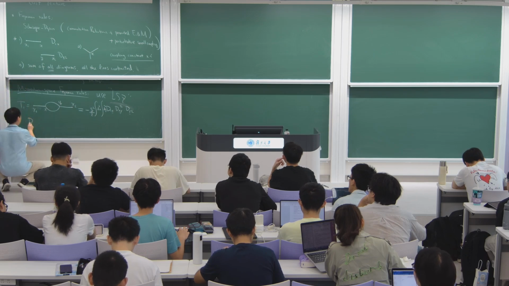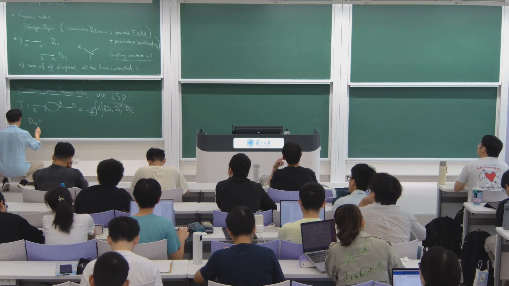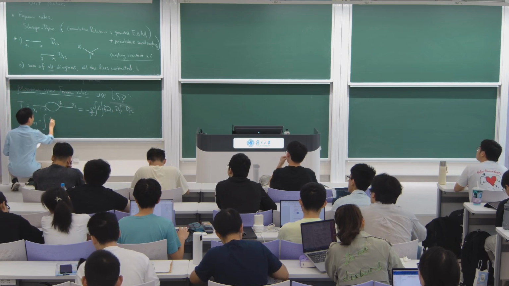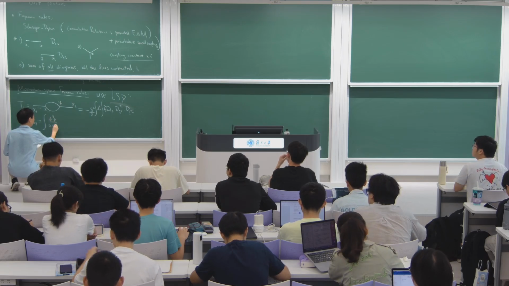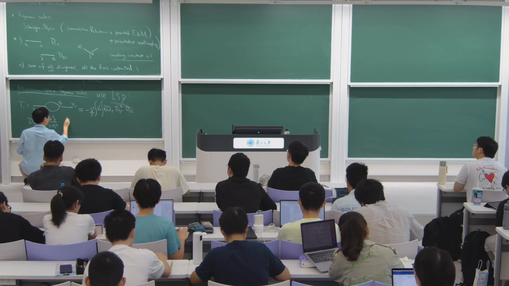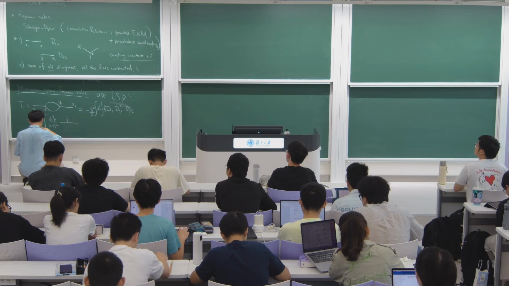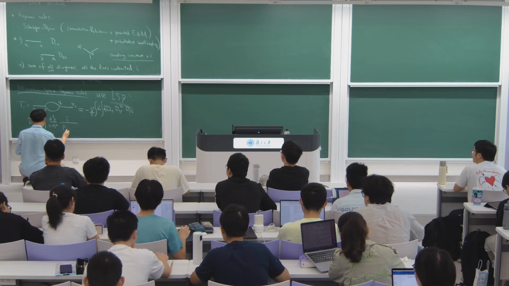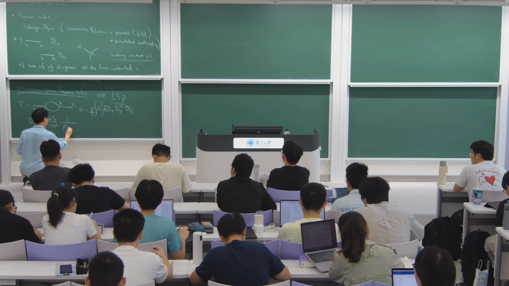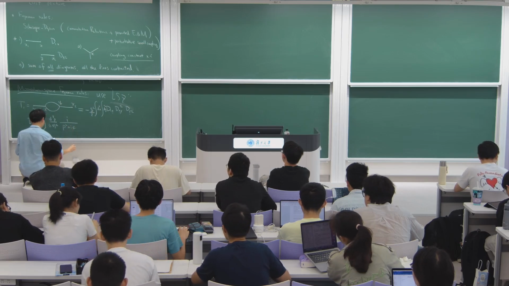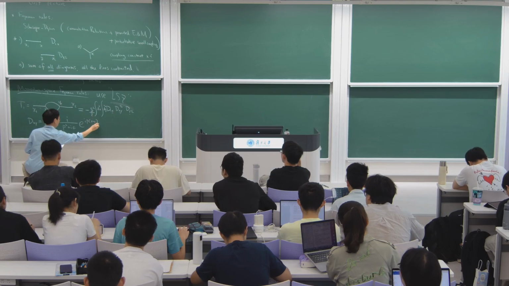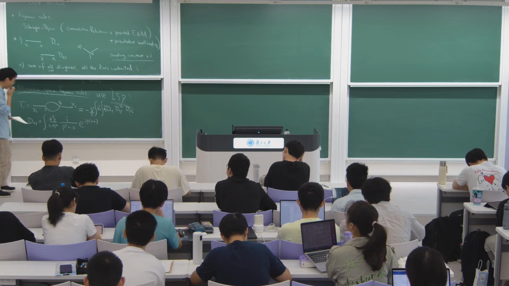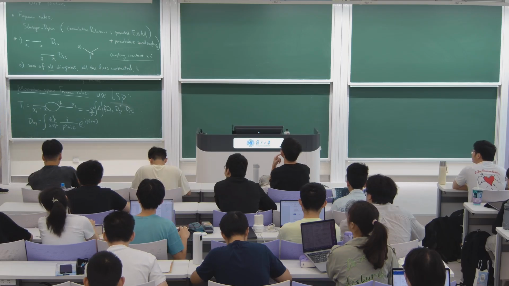So let's do this calculation carefully. So remember that the D_xy we also derived some time ago. This is the p integral for this momentum space Feynman propagator. This is D_xy. Remember that?